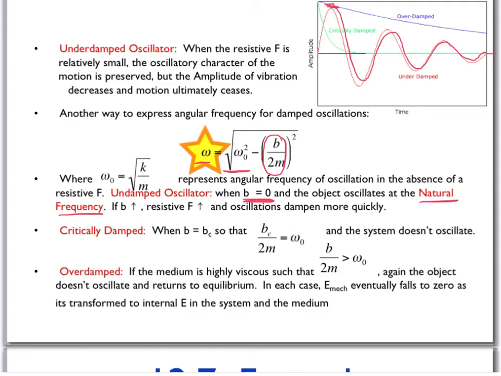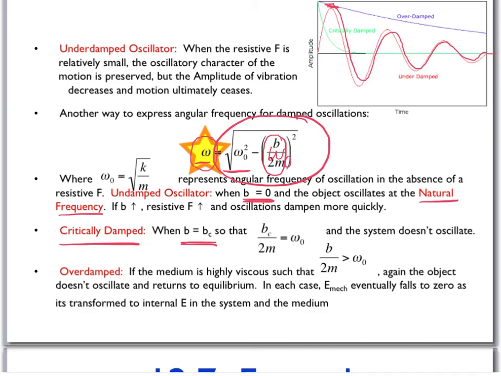There's also something called the critically damped oscillator. This is when b equals a critical value of b such that b over 2m equals omega naught. If that's true, then this entire term turns out to be 0, meaning that there is no angular frequency.